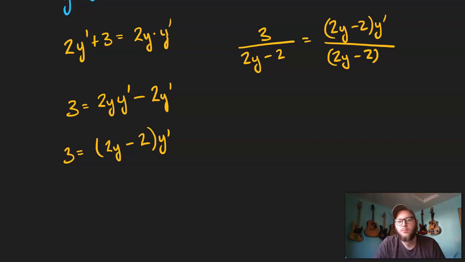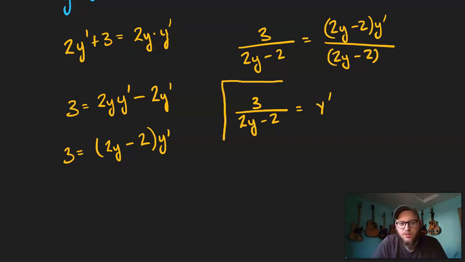So these two quantities immediately cancel, and we are left with 3 over 2y minus 2 equals y prime.